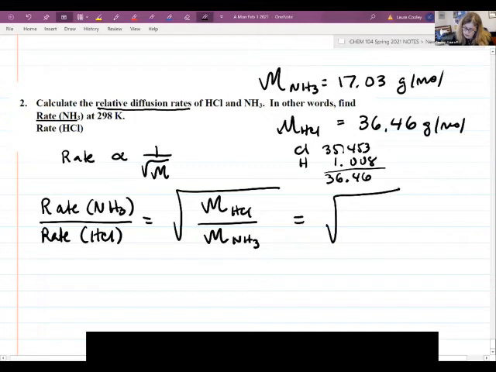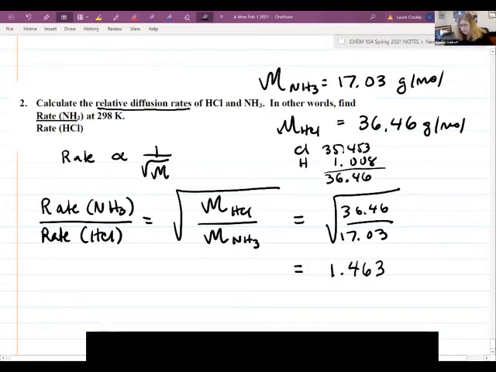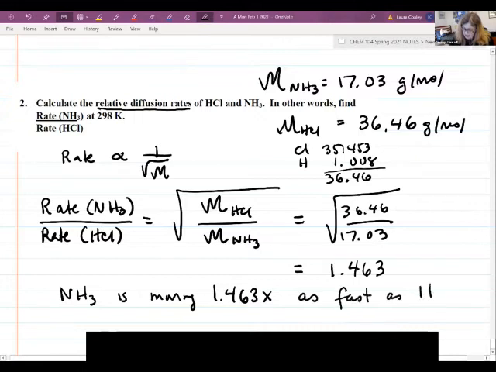So this is the square root of 36.46 over 17.03, which is, let's see, get another sig fig, 1.463. So what that means is that NH3 is moving 1.463 times, or a little less than 1.5 times as fast as the HCl.